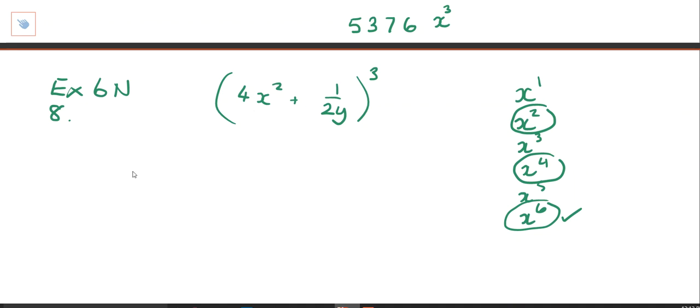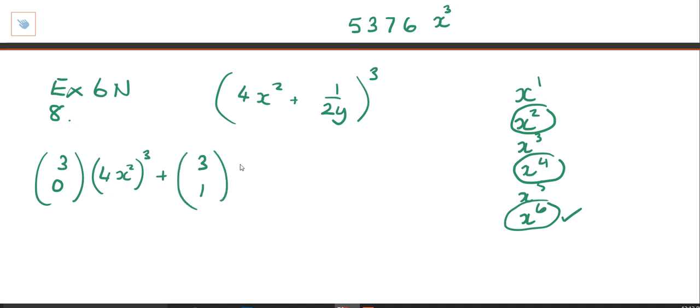So our first term would be 3, 0, and it would be 4x squared to the power of 3. The next term would be 3, 1, and it would be 4x squared to the power of 2 multiplied by 1 over 2y to the power of 1.